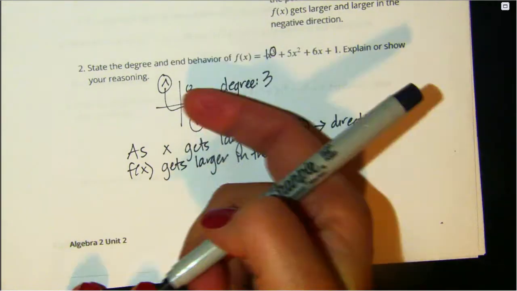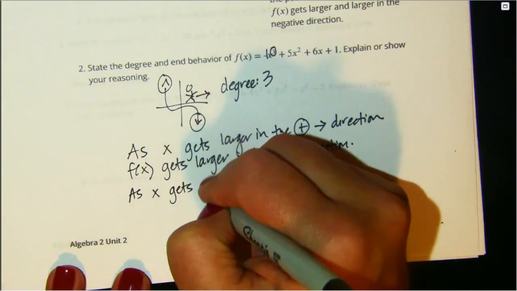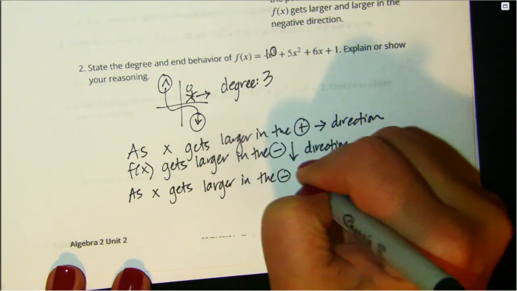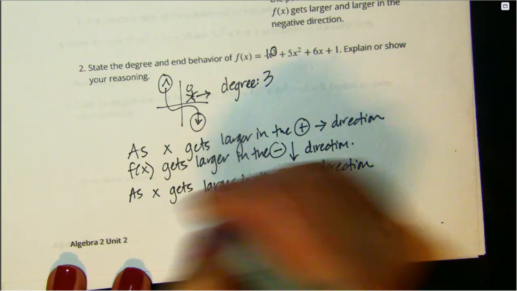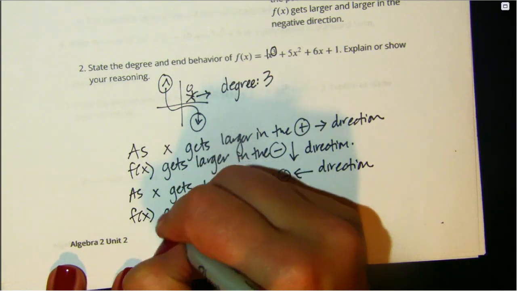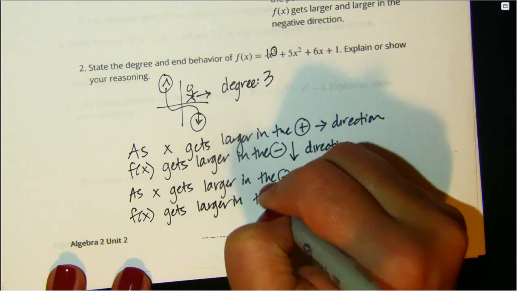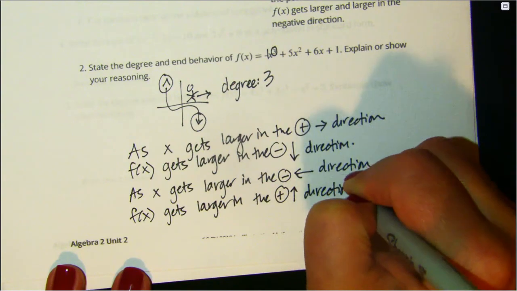And then if I go the other way, as x gets larger in the negative direction, f of x gets larger in the positive direction.